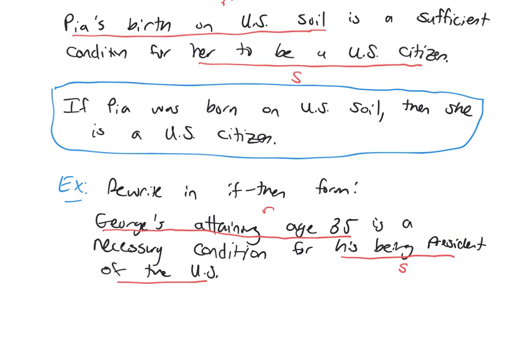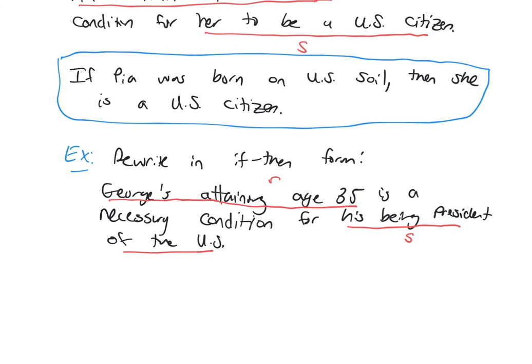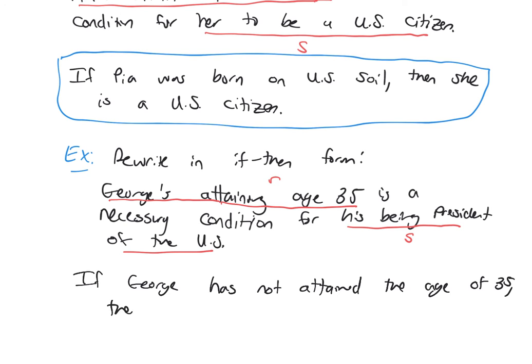If you look back, we said necessary is if not R, then not S. So if George has not attained the age of 35, then he cannot be President of the U.S. So that's one way you could write it in if-then form.